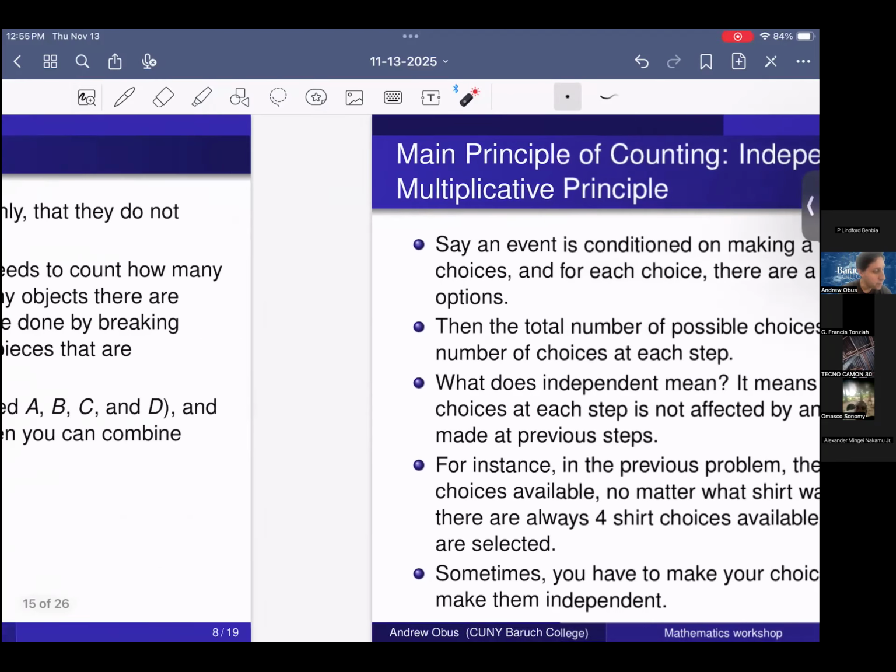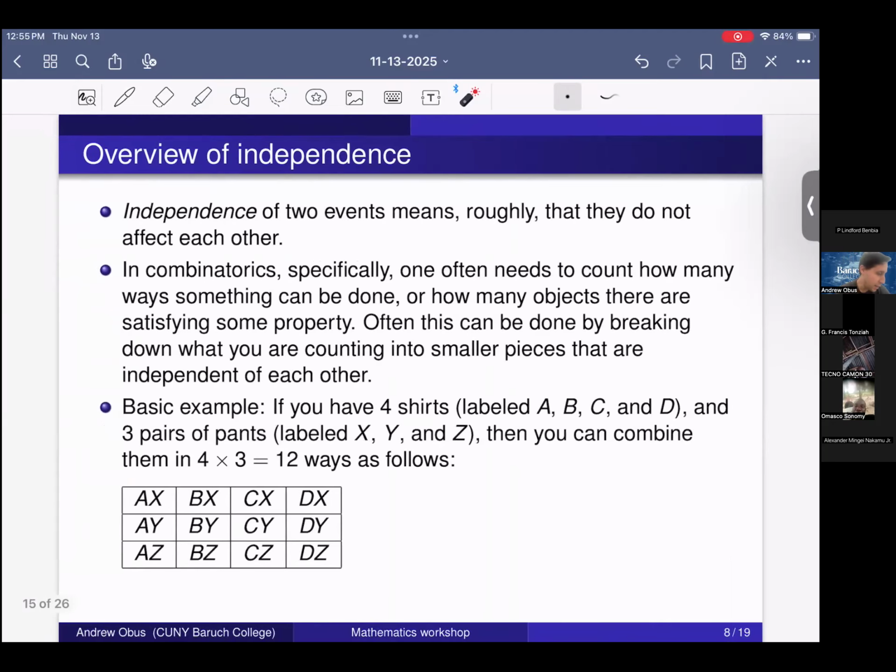So this particular very basic example with shirts and pants is the fundamental principle of combinatorics. Okay, so we can call this the main principle of counting, or independent events, or you can call it the multiplicative principle.